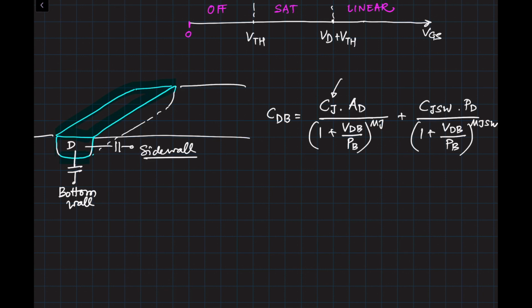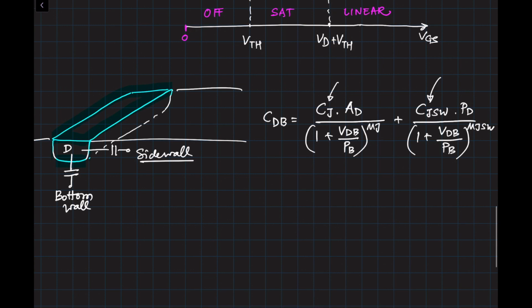Hence, we multiply it with the area of the source or area of the drain. VDB is the drain to bulk voltage. PB is the junction built-in potential, which is somewhere 0.6 to 0.8 volts. MJ or MJSW are unitless exponents, on the order of 0.3 to 0.4. And CJSW is the junction side wall capacitance. All these numbers come from characterization of devices in a particular process.